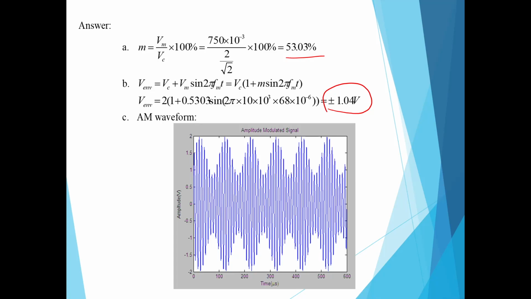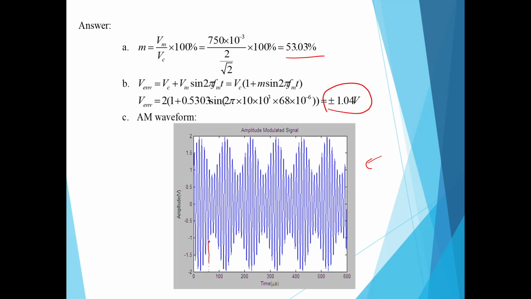Why is it like that? Let's look at the given graph. This graph is actually for question number 3, time versus amplitude. So 68 microsecond is somewhere around here.